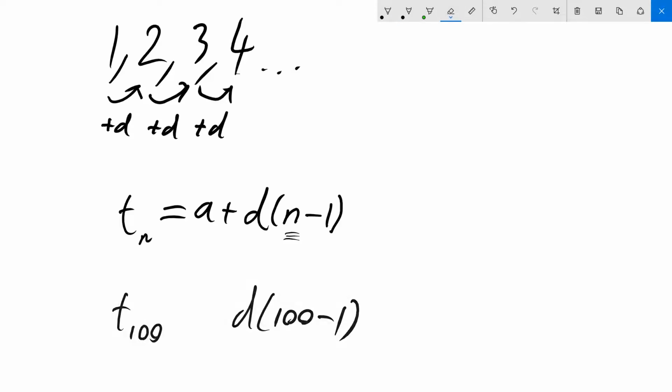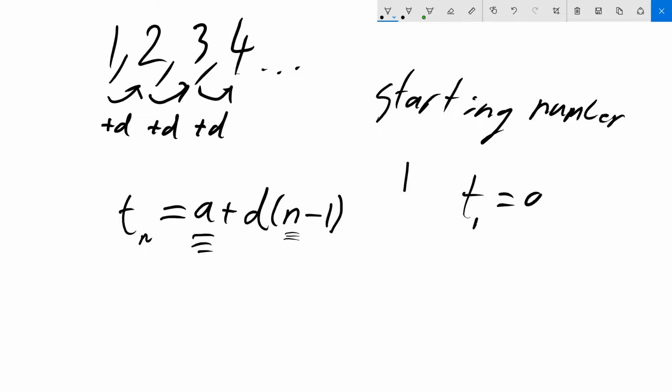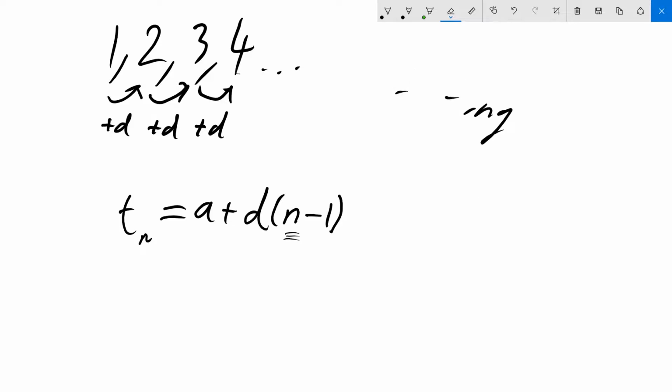That's all that is. What is this a? So a is the starting number. So in this sequence here, at the top here, our starting number is 1. So basically, T1 is always equal to a. So the first term plus the common difference, n amount of times minus 1. So how do we work out what the common difference is?